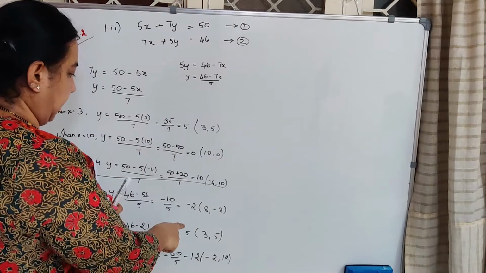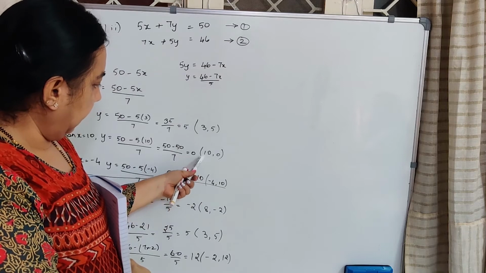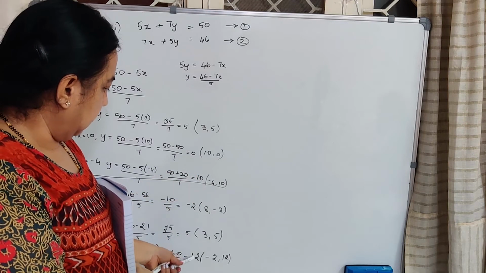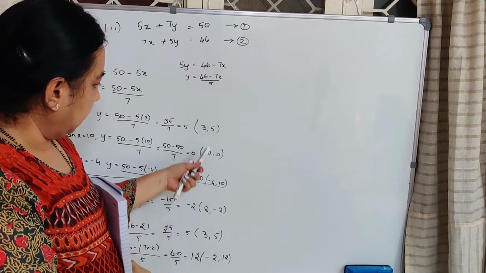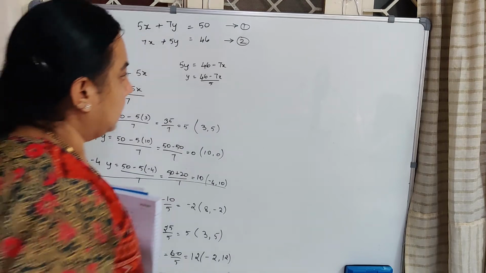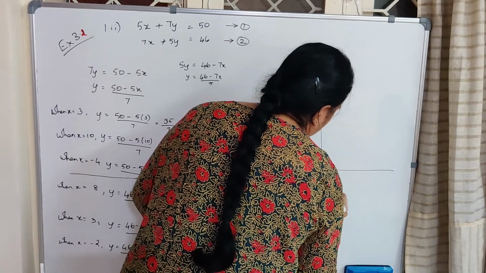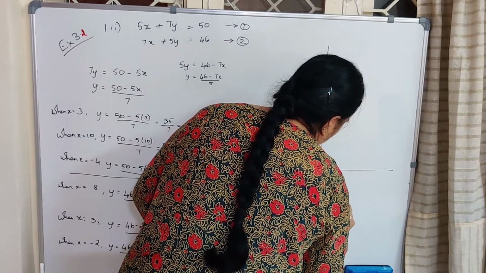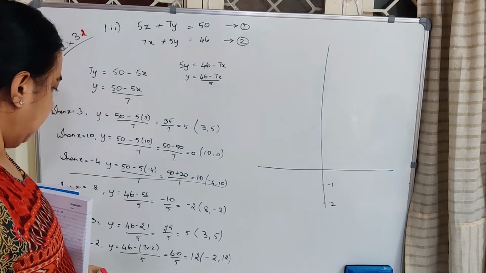Okay, and the range is x is ranging up to 10, and on the left hand side it's ranging up to minus 4, and y ranges to 12 and minus 2. So the graph will be like this. Only till minus 2 we have, so I'm marking only up to minus 2.